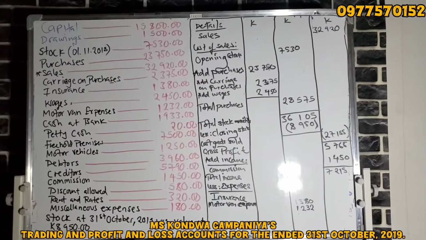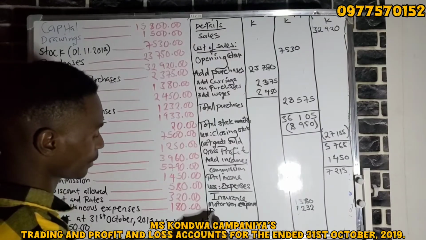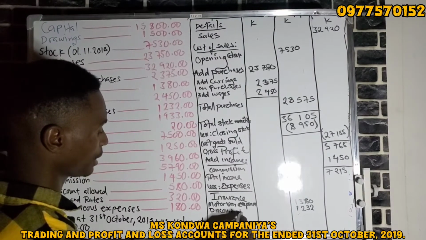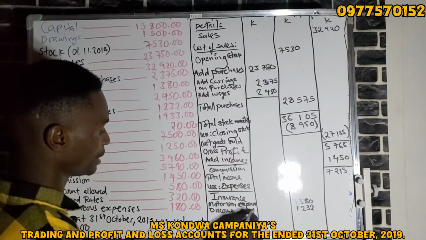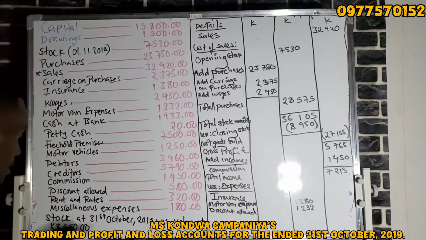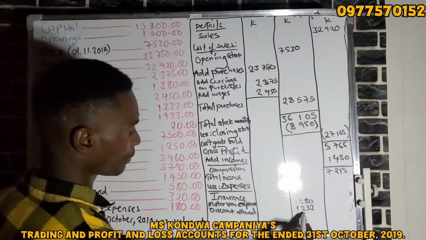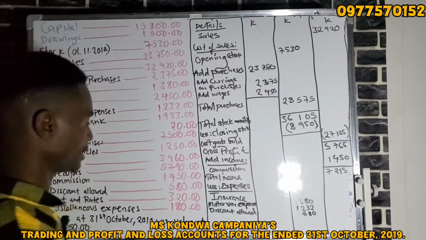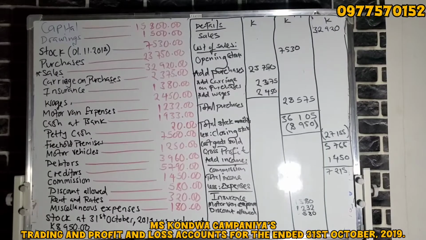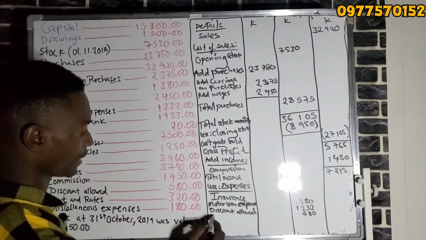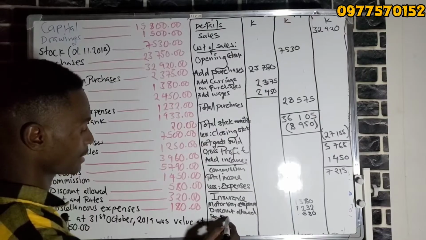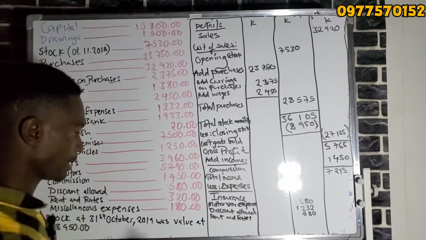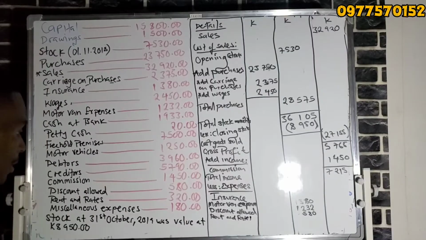Discount allowed, yes. It's us who allowed discount on certain products, so we need to include it as an expense: 580. Rent and rates, yes. How much is there?